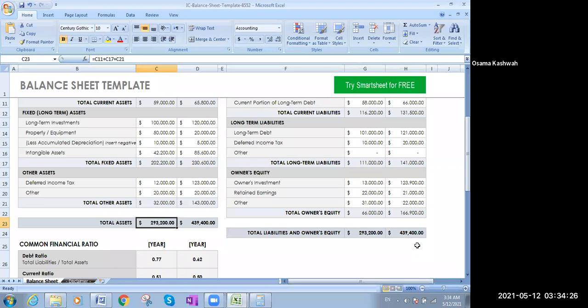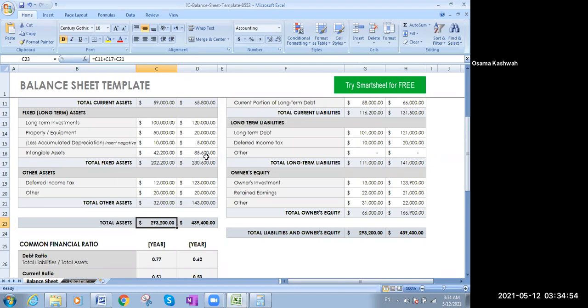How will you do that? You take the greater side minus the less side, then you take the gap and add it into the intangible assets. This will change and make the balance sheet balanced again.